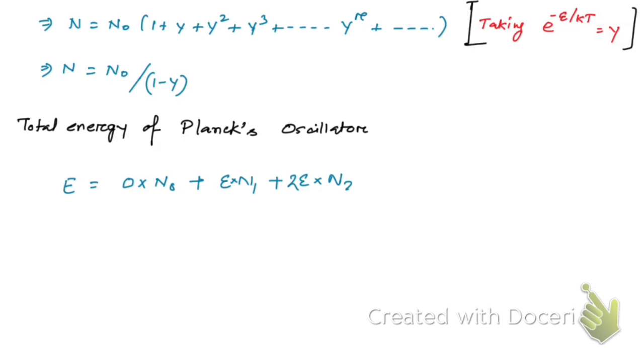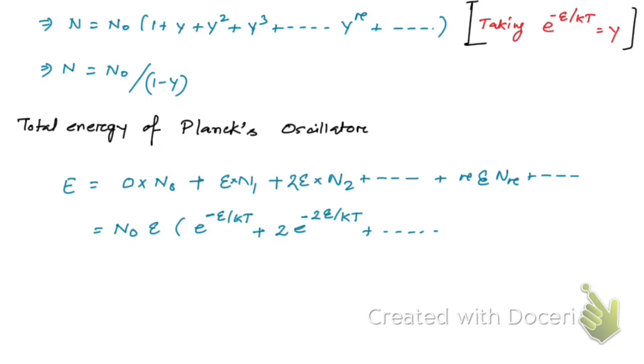Similarly, 2 epsilon into N2 and so on, we're going to get this. Then 0 into N naught is going to be 0, right? Now epsilon into N1 can be replaced by N naught into e to the power minus epsilon by kT. Here epsilon and N naught will be taken common, then within brackets we're going to get these terms. Hope you have understood this.